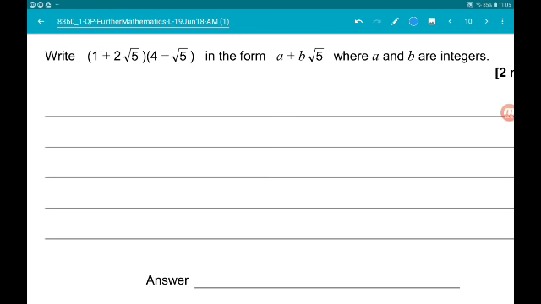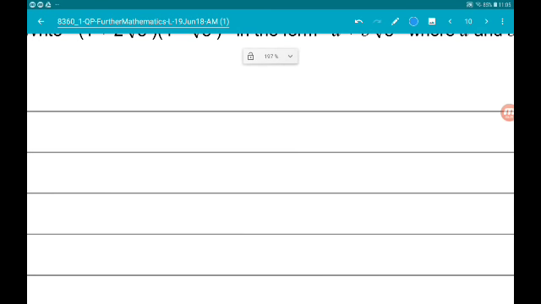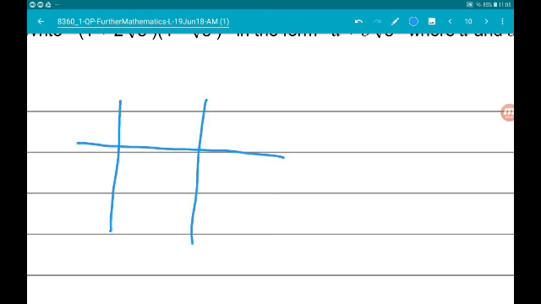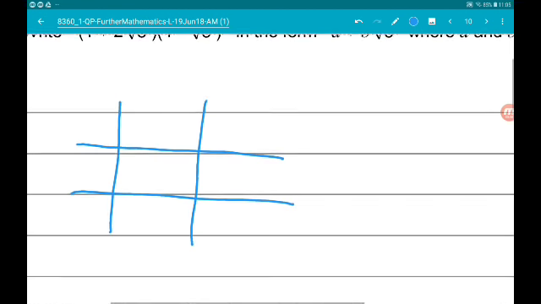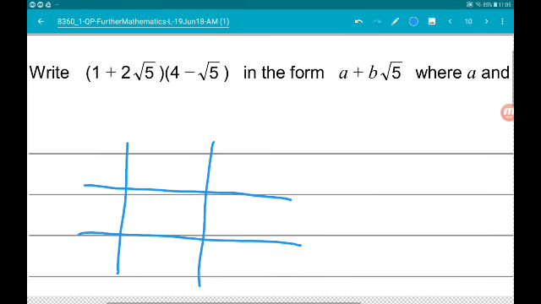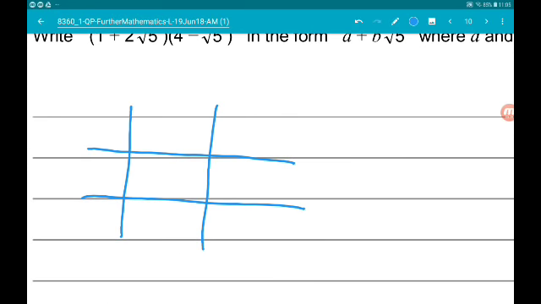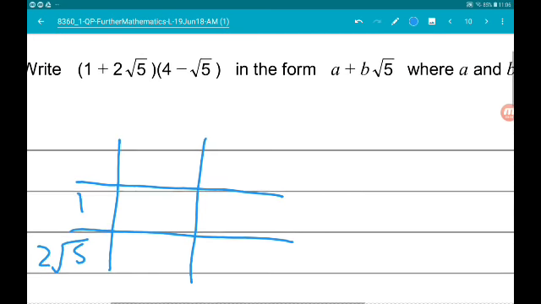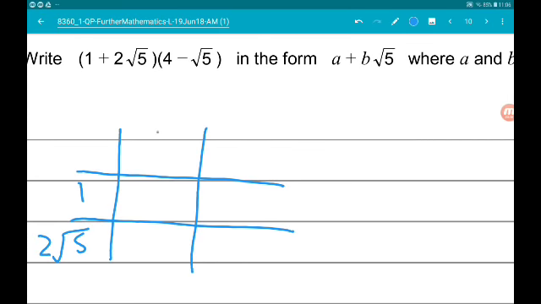Okay, so basically expand these brackets. So let's use a table. Let's put 1 and 2 root 5 down the side, and then 4 minus root 5 across the top.